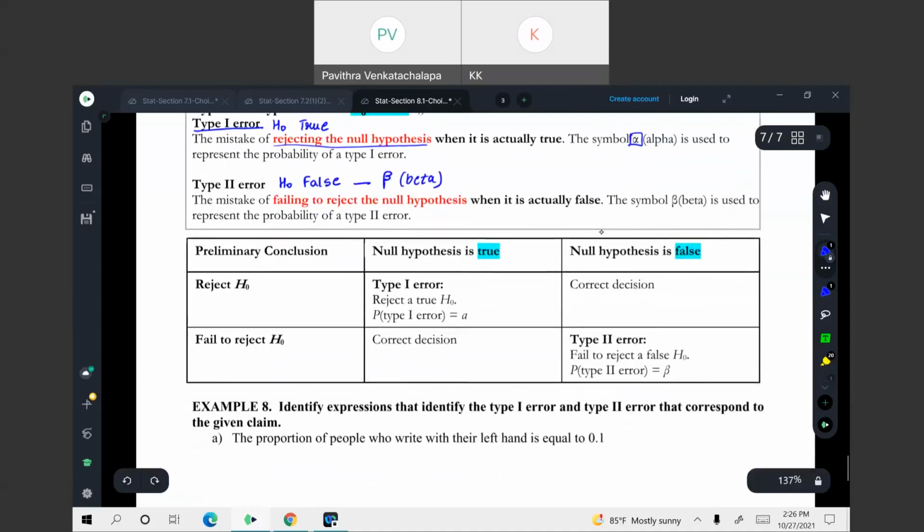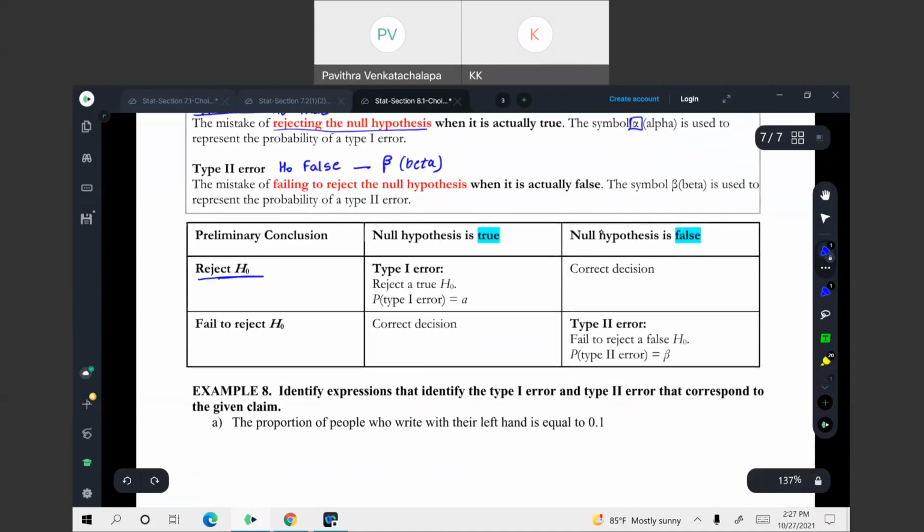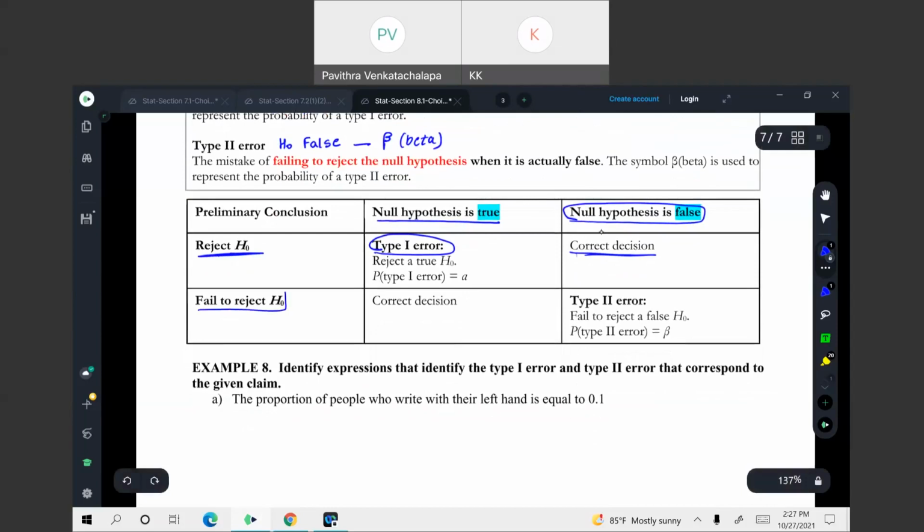Now we have a table here. If you are rejecting the null hypothesis, but the null hypothesis is true, it is a type 1 error. If you are rejecting the null hypothesis and the null hypothesis is false, you made a correct decision. Likewise, if you fail to reject the null hypothesis and the null hypothesis is true, you made a correct decision.